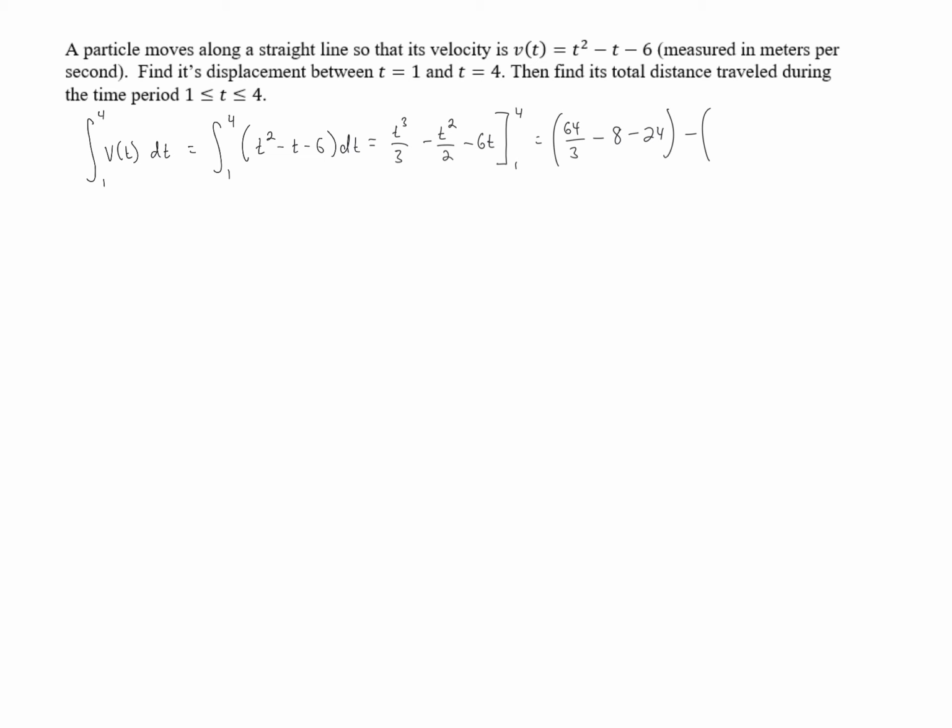And then we have to evaluate this at 1. That's going to be 1/3 minus 1/2 minus 6. And so let's see. Really quick on the inside, -8 minus 24 is -32. So this is going to give us 64/3 minus 32. And then when we distribute the subtraction on the other side, that's going to be minus 1/3 plus 1/2 plus 6.